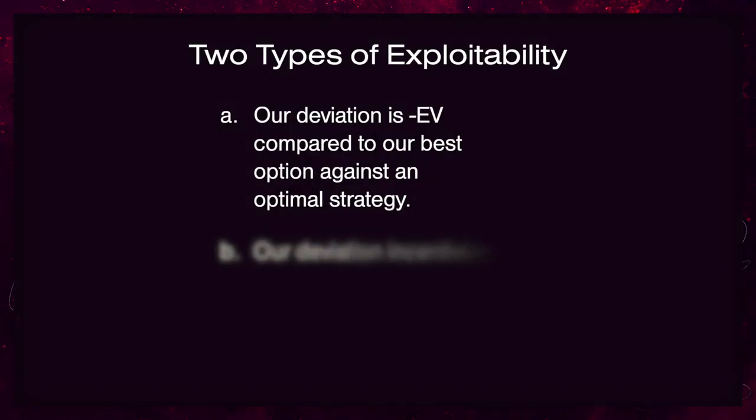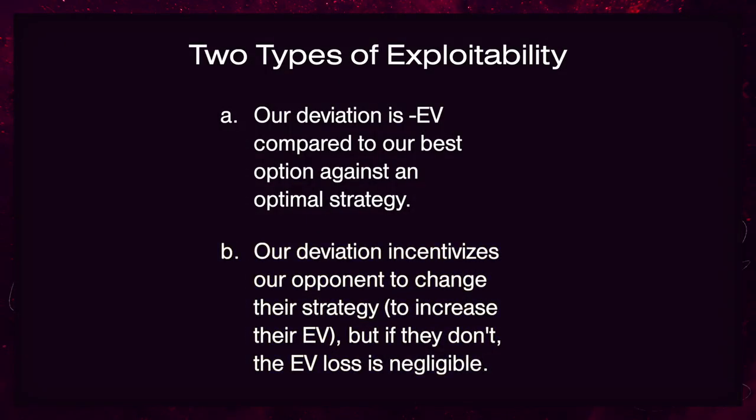These are things that just lose money, even if our opponent doesn't do anything. The sneakier way, the other way, is we make an adjustment that loses very little against optimal strategy, but opens us up to a counter strategy that causes that adjustment to lose a lot of EV.